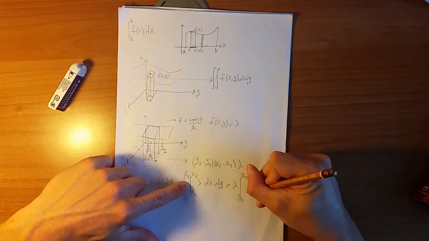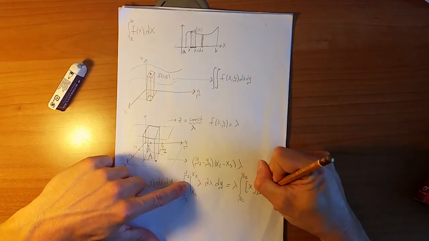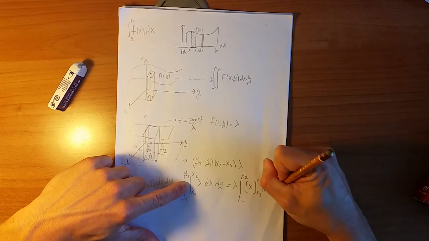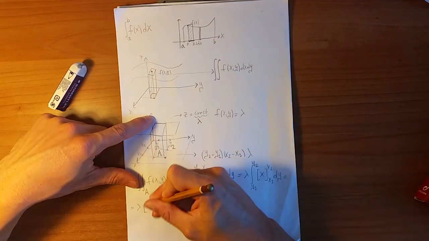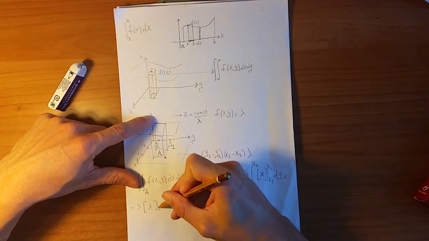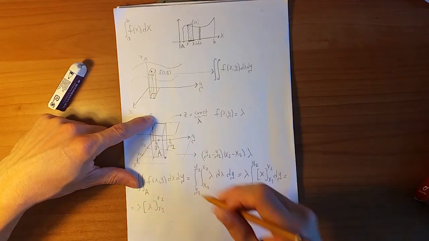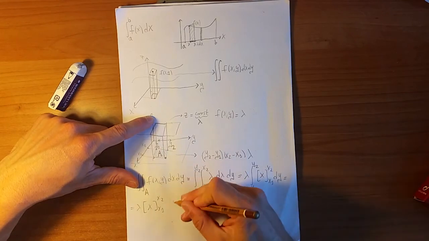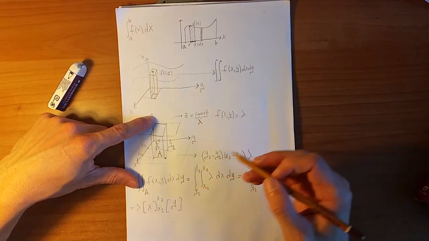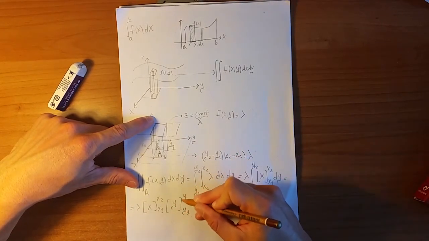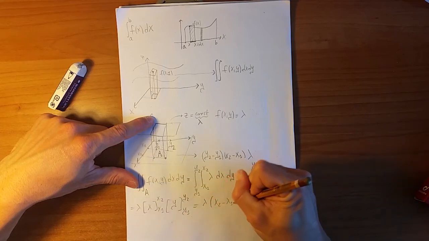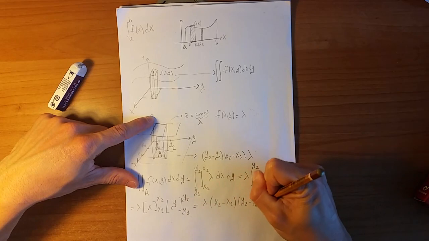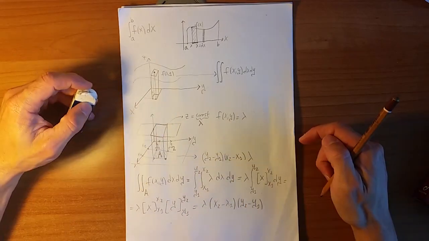The first integral is x, but we should evaluate it between x1 and x2, and then integrate over dy. This is a constant in y, so we have lambda times x from x1 to x2 times the integral of 1, but that's just y, evaluated between y1 and y2. So this is equal to lambda times x2 minus x1 times y2 minus y1, and we get the same result as our intuition tells us.